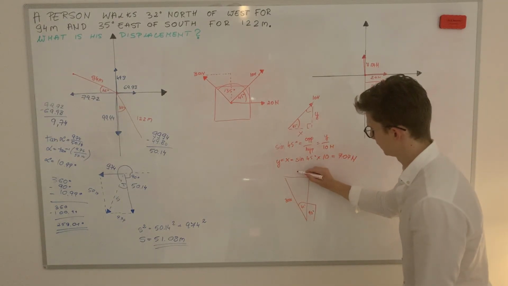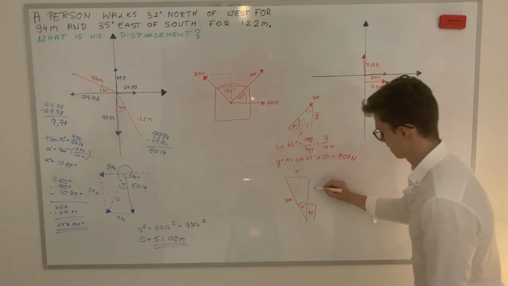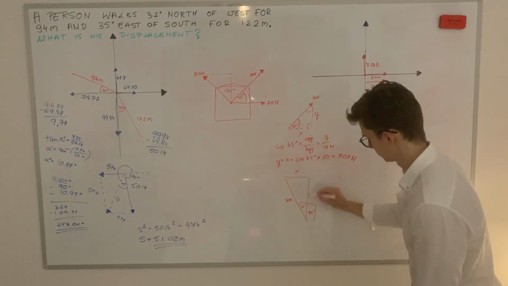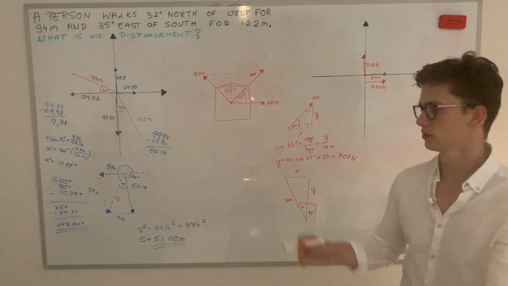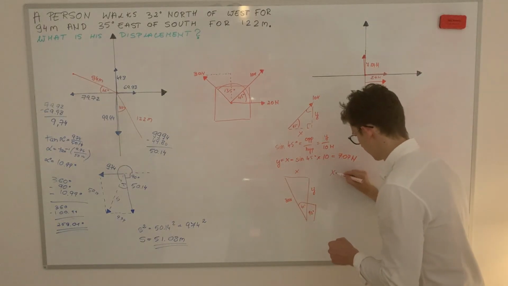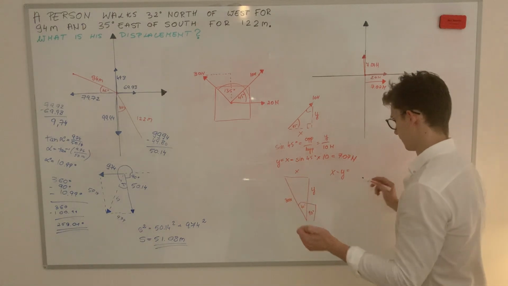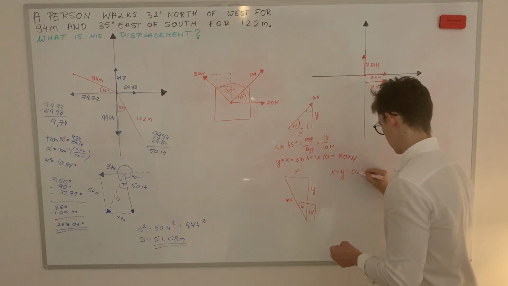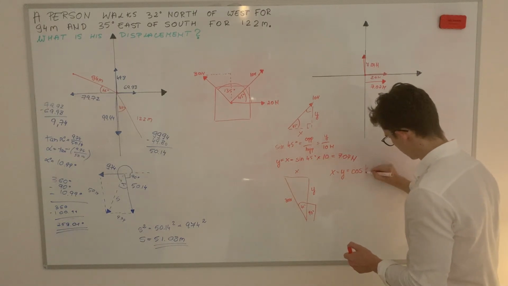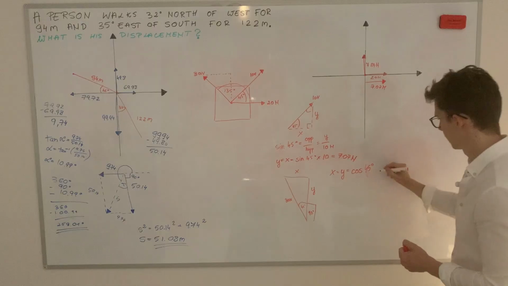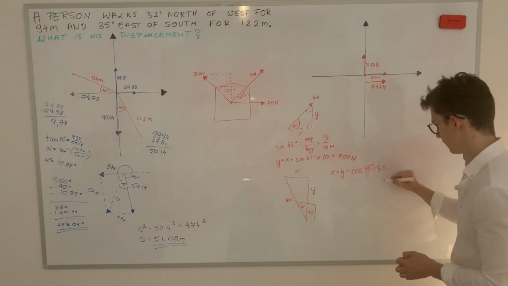The opposite side, in this case, is going to be our x component, and the adjacent side is going to be our y component. Again, we have an isosceles triangle, which makes things much simpler. x is going to be equal to y, which is going to be equal to cosine of 45 times our hypotenuse, which is 30.